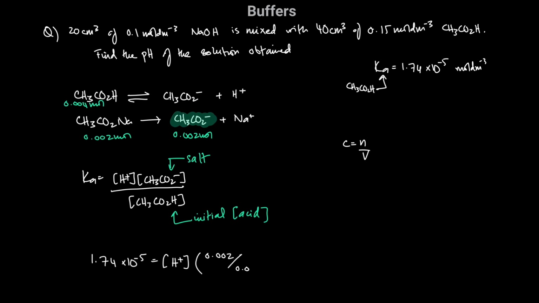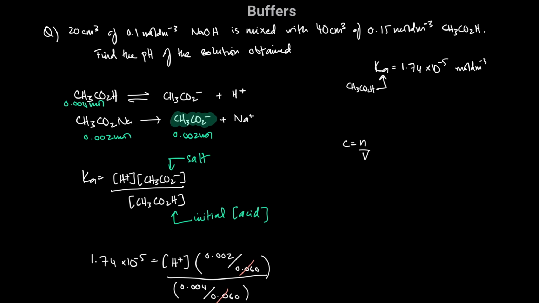So 60 cm cube is 0.060 dm cube, and the number of moles of acid is 0.004, and again the volume is 60 cm cube, so that will be 0.060 dm cube. What we notice here is that because they're in the same solution, the volumes cancel each other out.